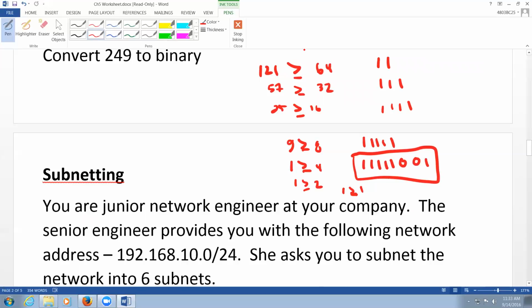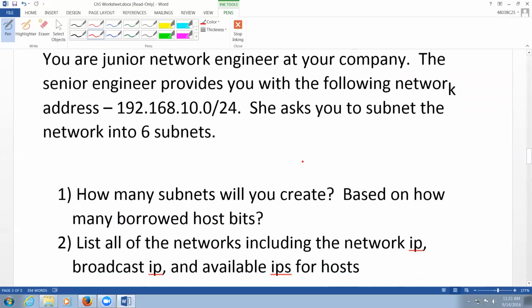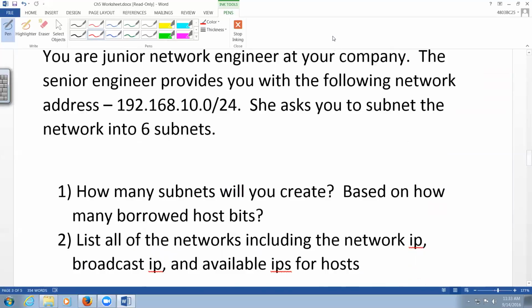Okay? So let's take a look at what this looks like. So if we have 192.168.10.0, convert all these numbers out right here. So 192 is going to be what? Convert 192 to binary.